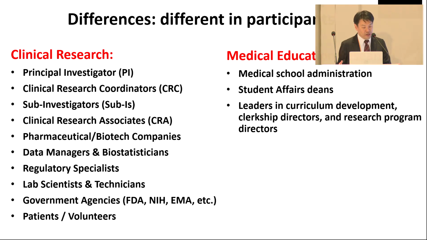There are data managers and biostatisticians who do the analysis. There may be a regulation specialist to monitor the ongoing clinical trial. And you will have scientists working on the bench who may also be involved in the clinical research. Sometimes governments, such as the FDA and NIH, will be supervising the clinical research. And finally, patients and volunteers are also important participants in clinical research.